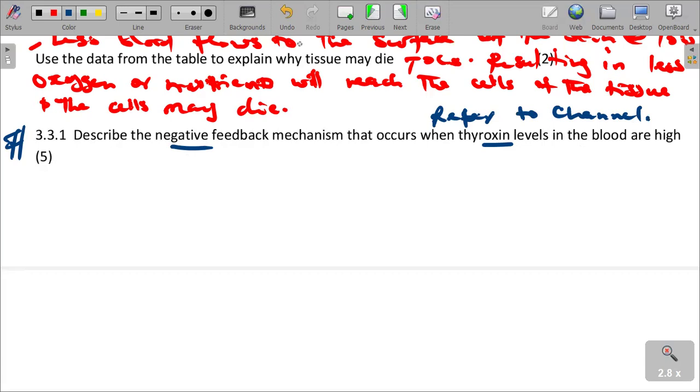You need to understand which gland is responsible: the pituitary gland.